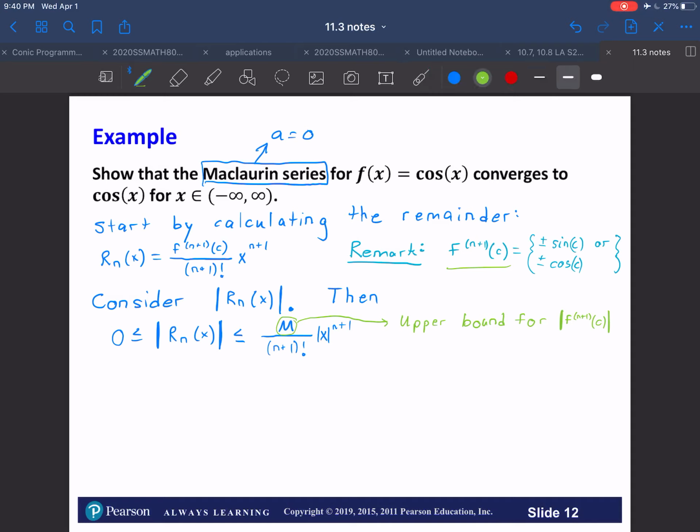So in this case, since plus or minus sine of c and plus or minus cosine of c are bounded by 1, M is equal to 1 here.